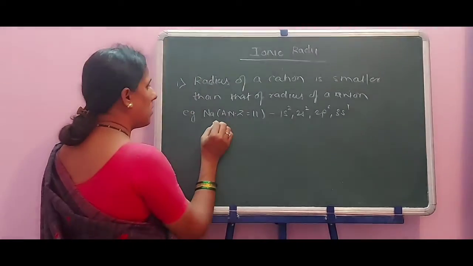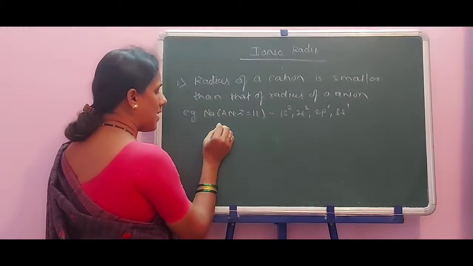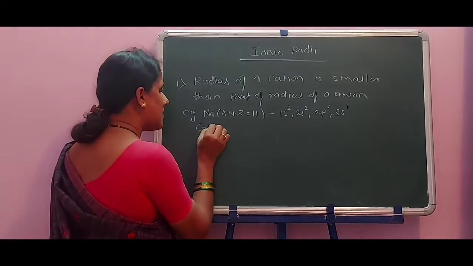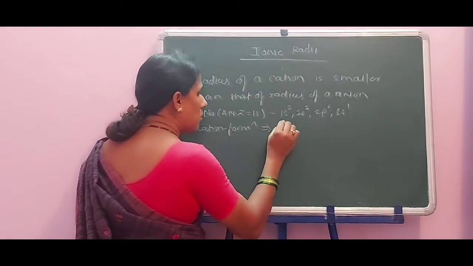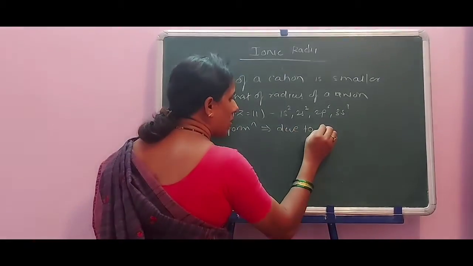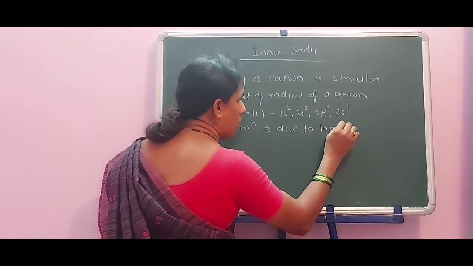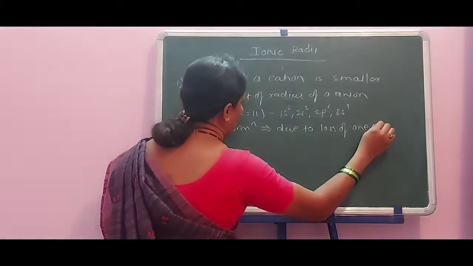Here the formation of a cation takes place due to loss of one electron.